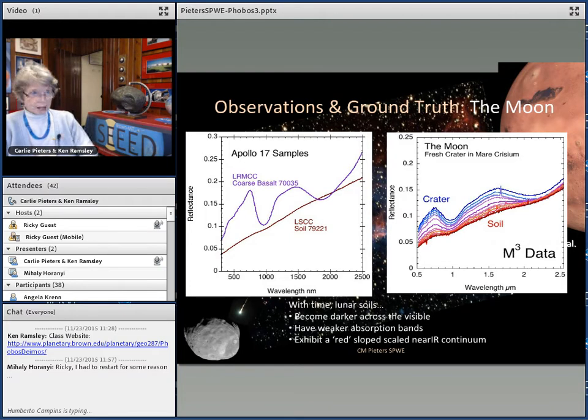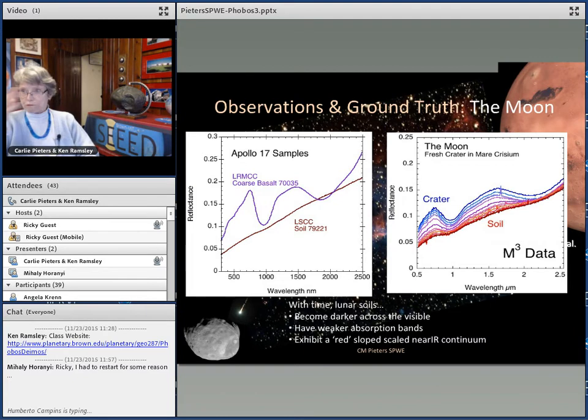So somehow you have to take a nice rock when it's broken up and do something to it such that the soil has the characteristics that you see there. And that's the classic trend that we see in lunar space weathering. We see it when we look remotely, and that's what's shown on the right.